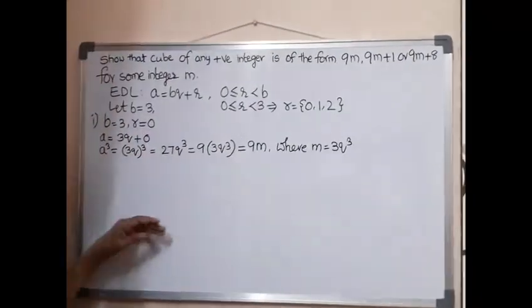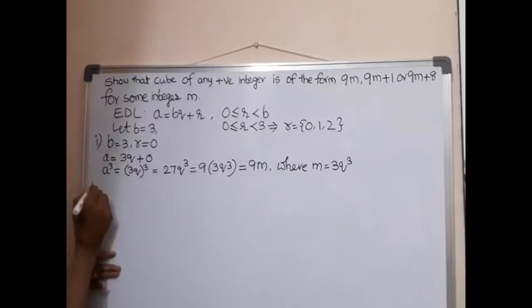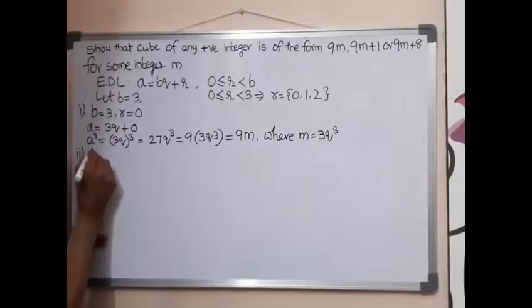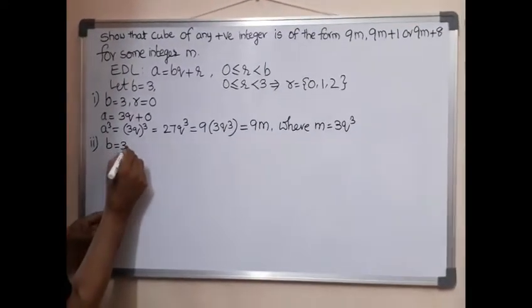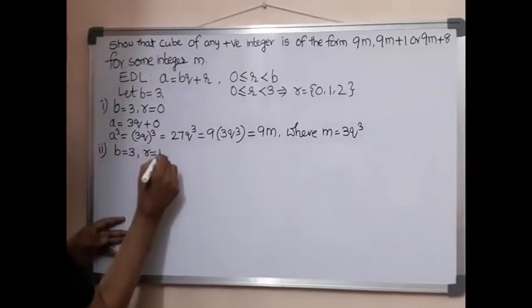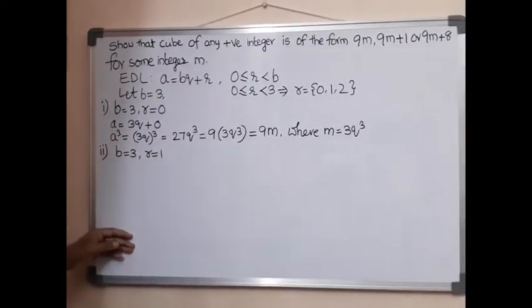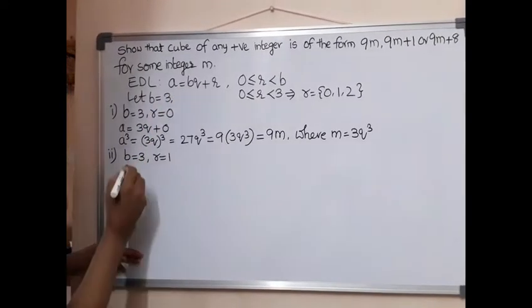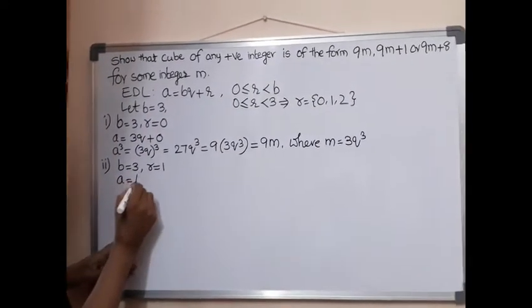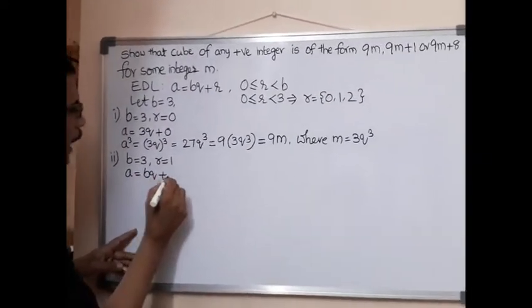This is the first step. Now second step. B is equal to 3, R is equal to 1. Let us substitute these values again in A is equal to BQ plus R form.